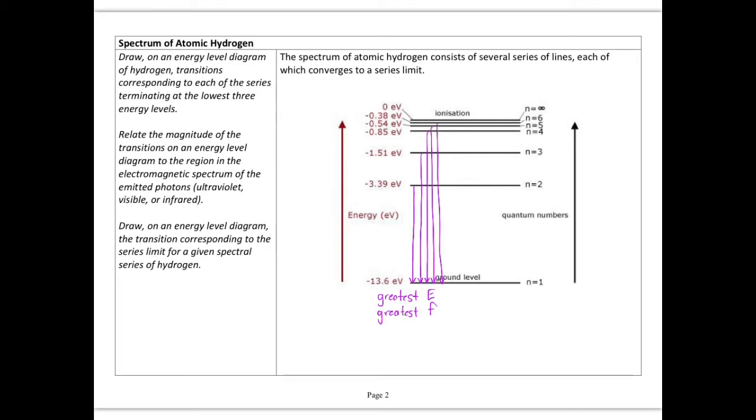And they will all have the smallest wavelength, because wavelength is inversely proportional to frequency. And in reality, these are all in the UV region of the spectrum, so we can't actually see them with our eyes. And they are normally referred to as the Lyman series.